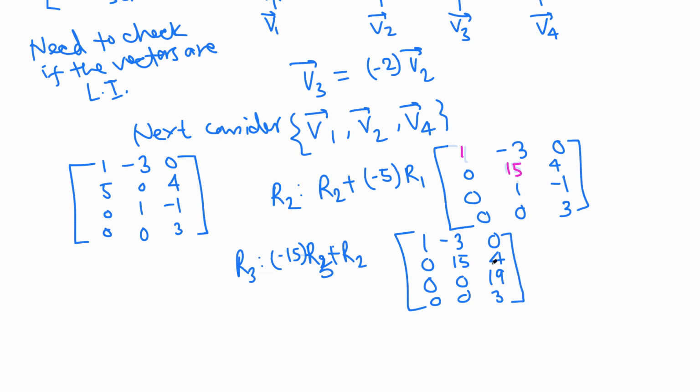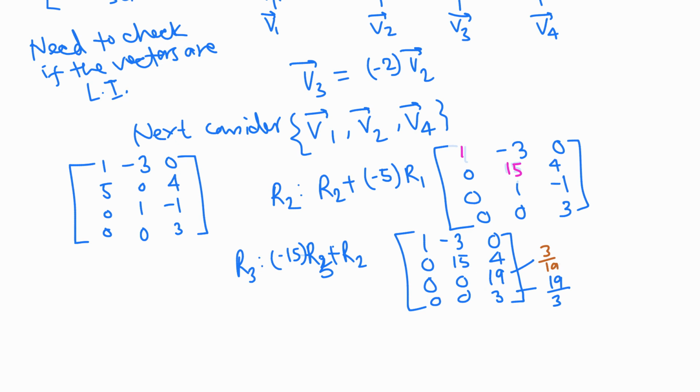In fact, 0 0 19 and 0 0 3 are multiples of each other. We can multiply this by 19 over 3, or multiply the other by 3 over 19, then 19 cancels and we get 0 0 3.